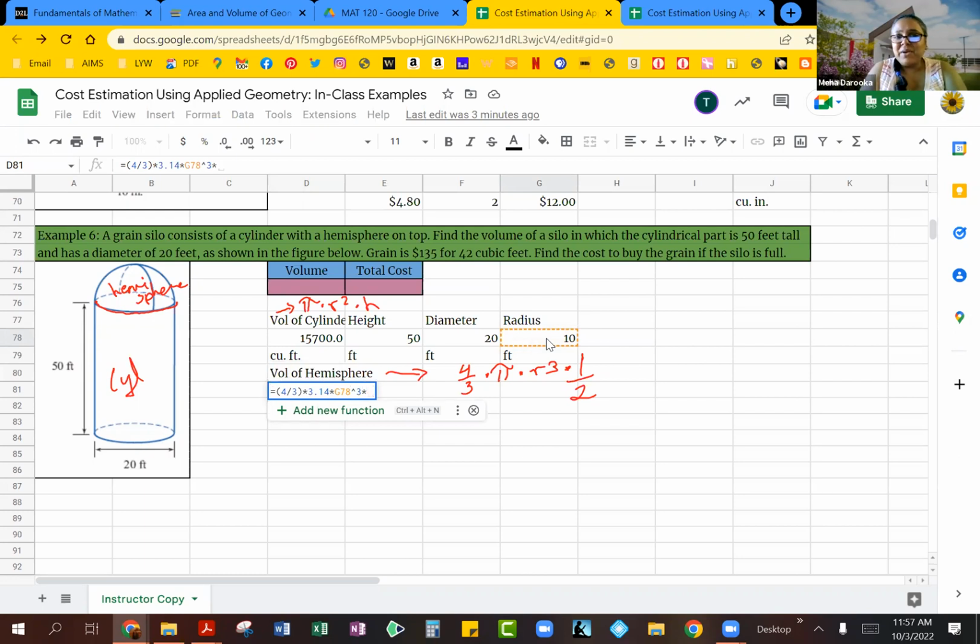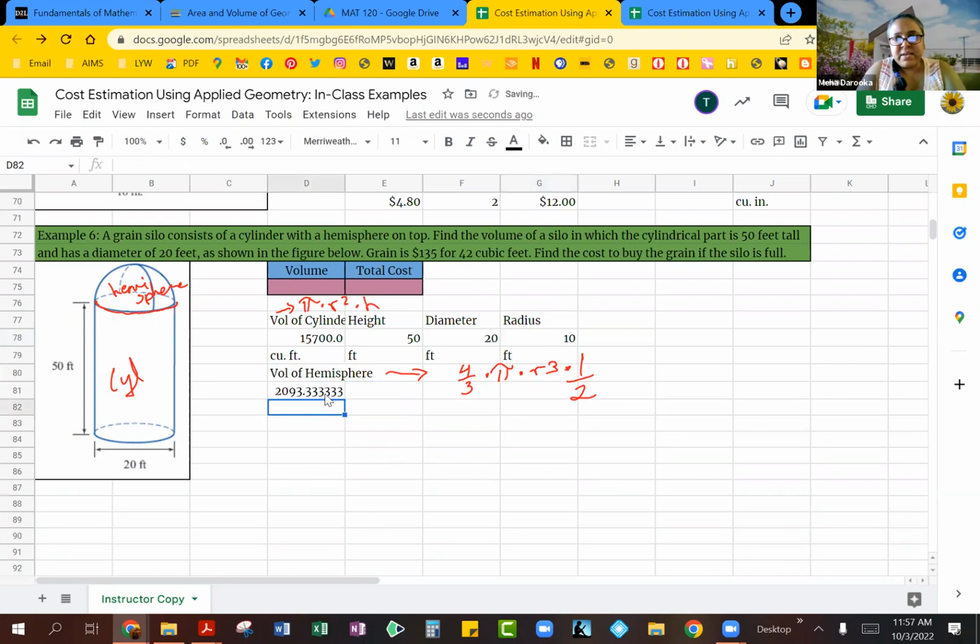Because we don't need the whole sphere, we're only doing half of it, you either divide by 2 or multiply by 1/2, which is what I'm doing. I'm just going to multiply this by 1/2. And once you do that, it gives you 2093.33333 repeating, and this one we can round to 2 decimal places. I think that's fine. And this will come out to be cubic feet also.